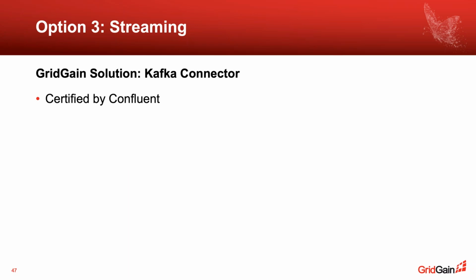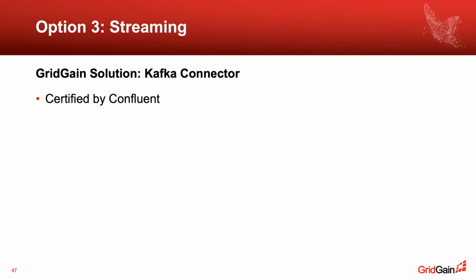GridGain Enterprise, and this is GridGain Enterprise again, comes with a certified Kafka connector, which is certified by Confluent, the primary developer of Kafka. They helped us to develop and test our own GridGain Kafka connector, which can read updates from GridGain and write them to Kafka, or read data from Kafka and write that data to GridGain.